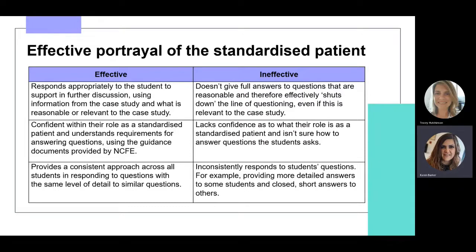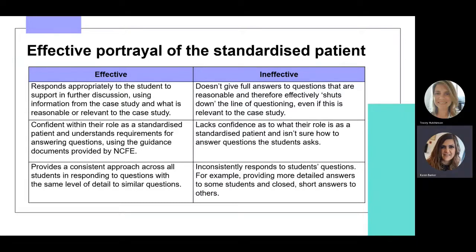An effective standardised patient is confident within their role and understands requirements for answering questions using the guidance document provided by NCFE. Whilst an ineffective standardised patient lacks confidence as to what their role is and isn't sure how to answer questions the student asks.